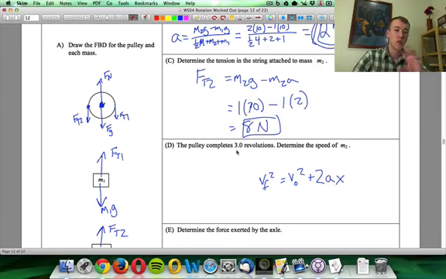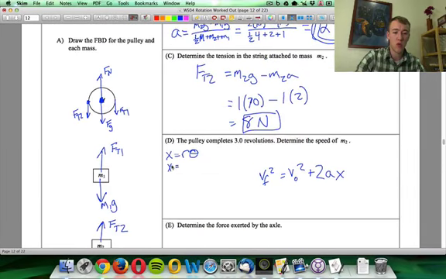If the pulley's doing 3 revolutions, I can find x by doing the radius times that angular displacement. What is that angular displacement going to be? If we do this out, what was our radius?